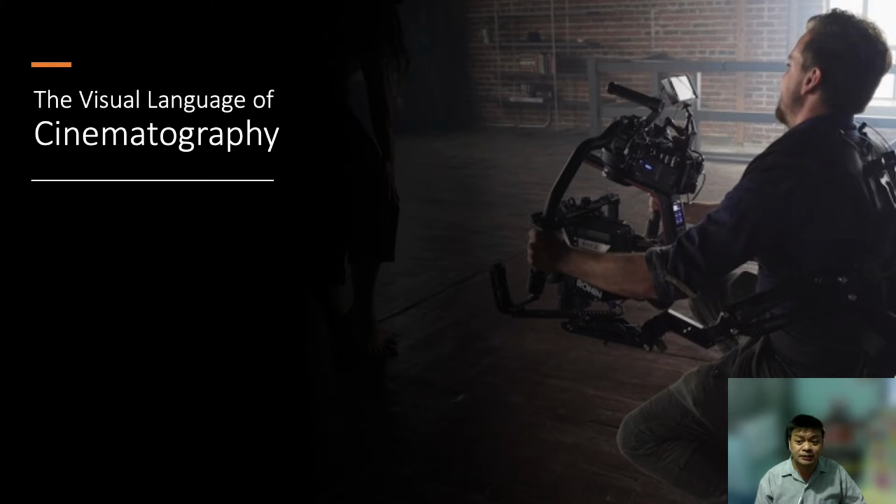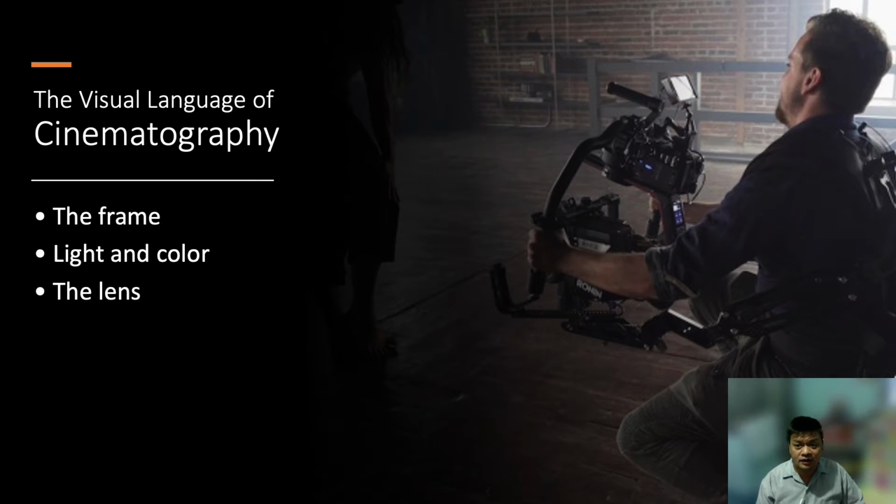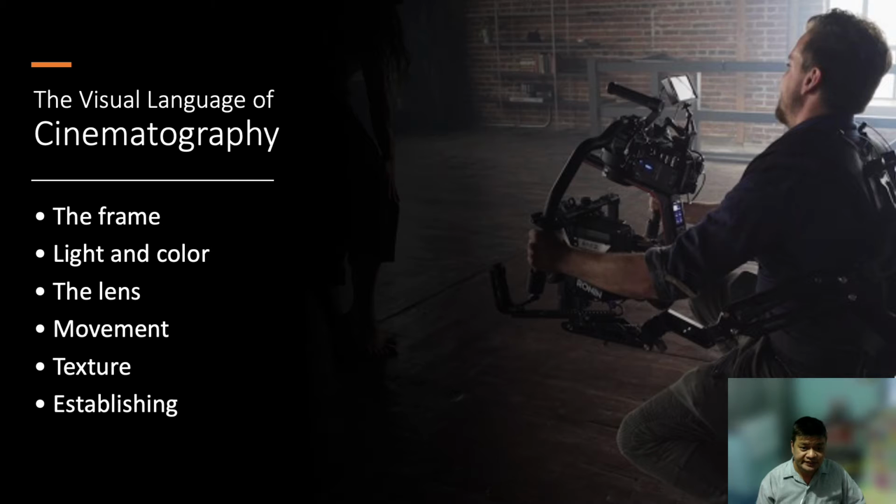What are the conceptual tools of visual storytelling that we employ in all forms of visual storytelling? There are many, but we can roughly classify them into some general categories like the frame, light and color, the lens, movement, texture, establishing shots, and point of view.